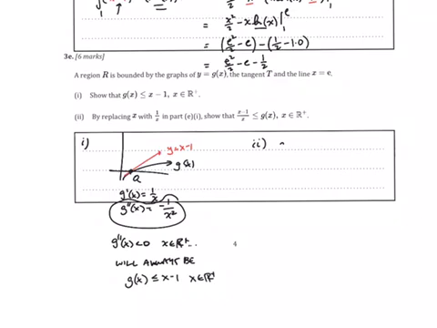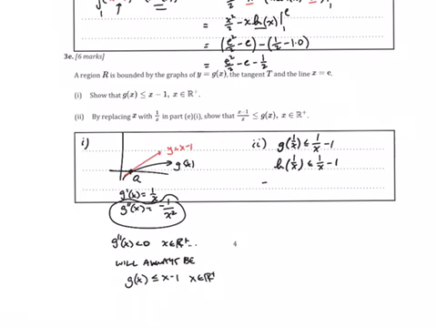I'm going to replace g of x with g of 1 over x, and replace x with 1 over x on the other side as well. So that would be ln of 1 over x less than or equal to 1 over x minus 1.